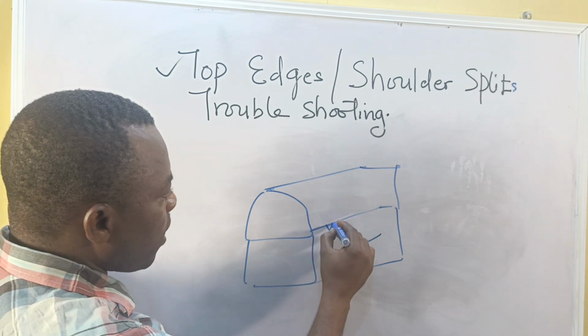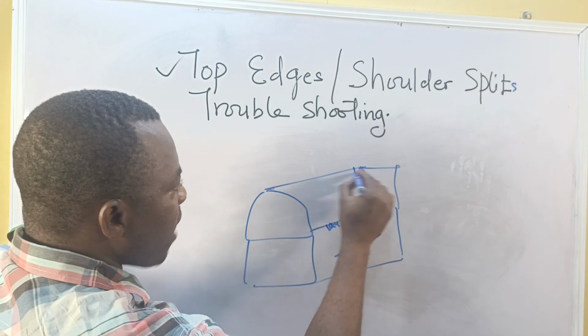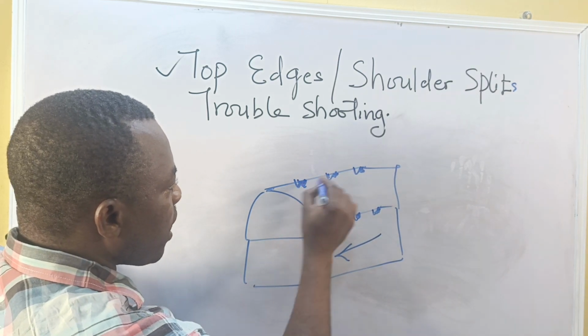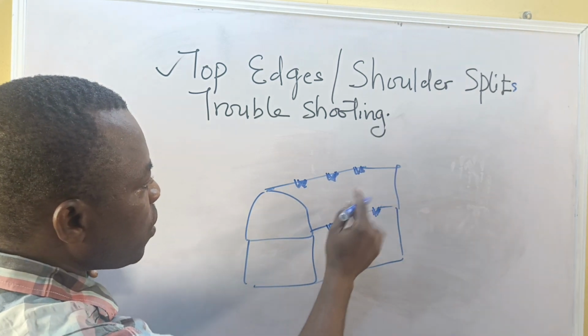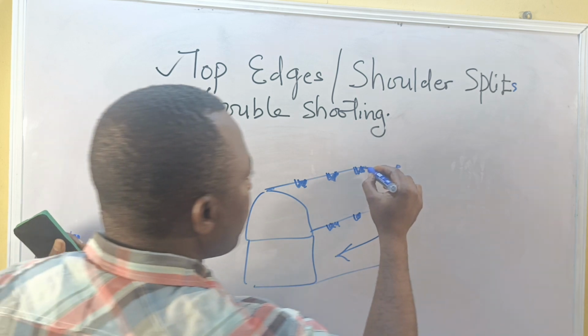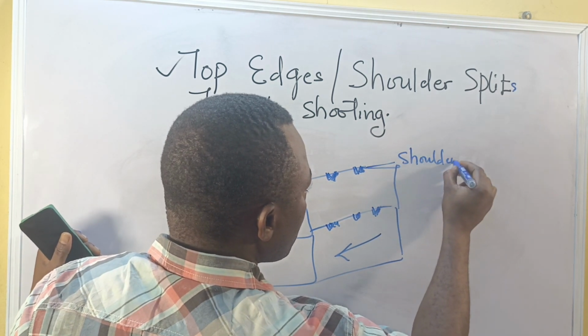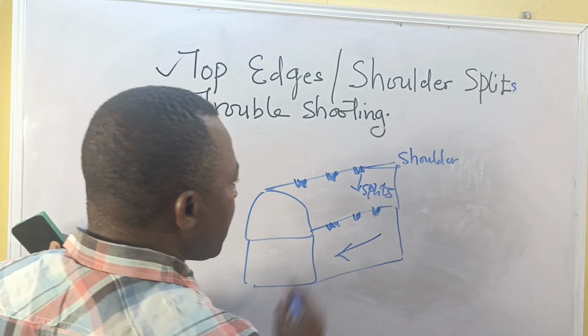Now, this is the shoulder. I believe this is the sign the person is trying to ask me about, okay? So, this is the shoulder of the foam. This is now split on its own. This is what we call splits.